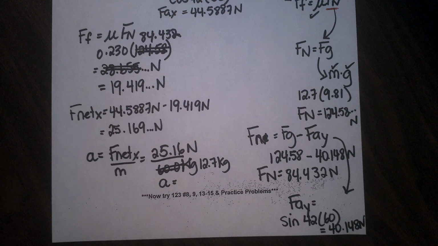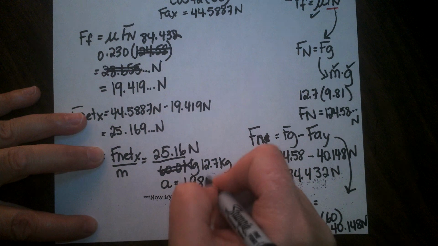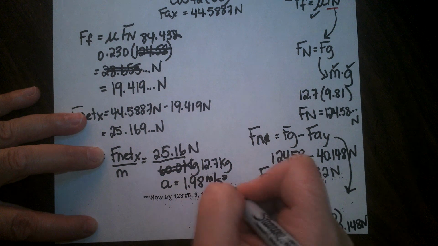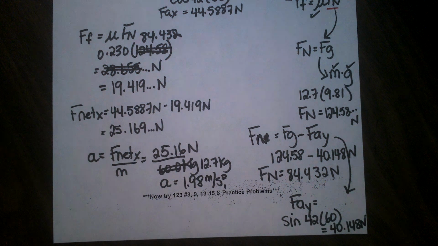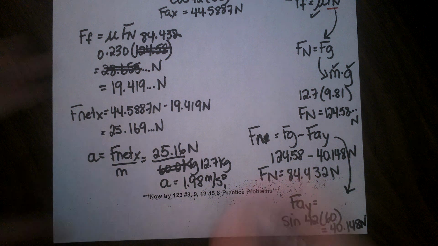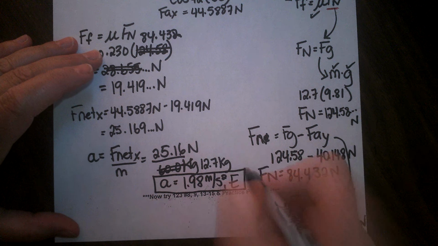What do we get for a value when we put the actual right numbers in? One point what? Perfect. Imagine that. When you put the right numbers in, you get the right answer. Acceleration is a vector, so which direction is this going? East. Let's put a box around it and call this question done.